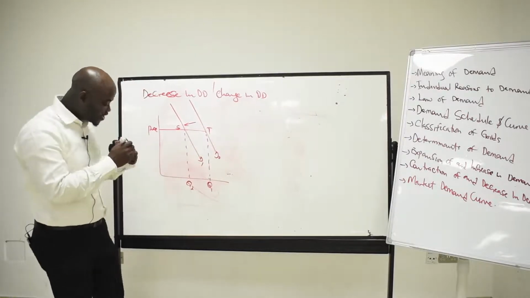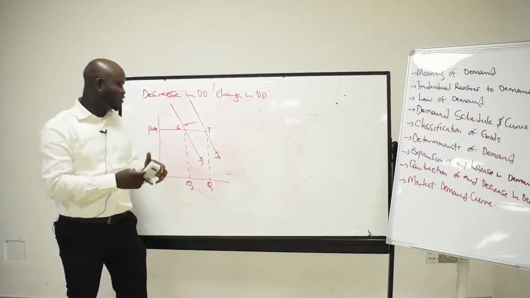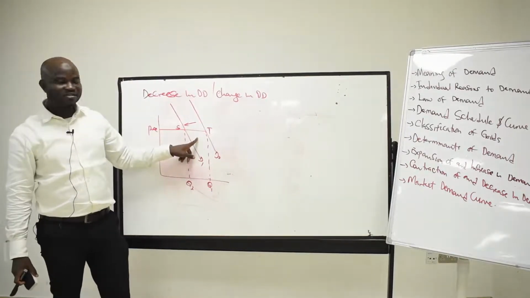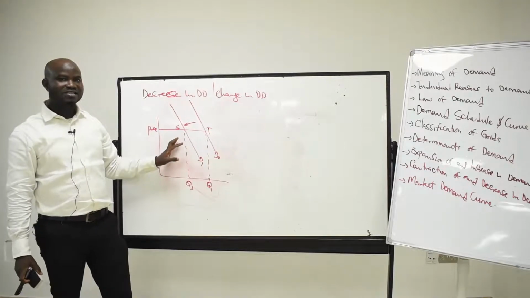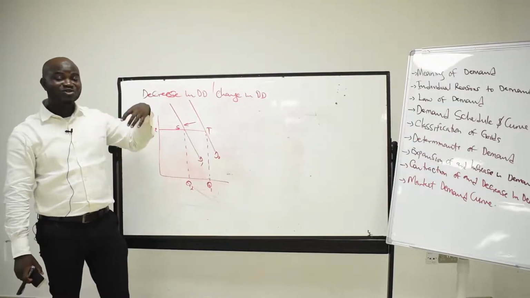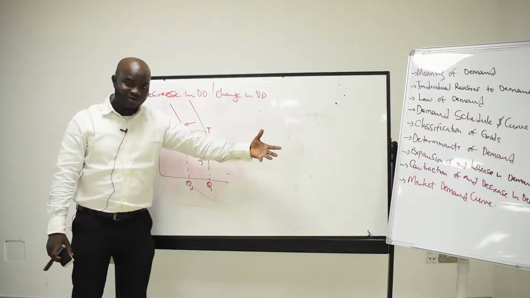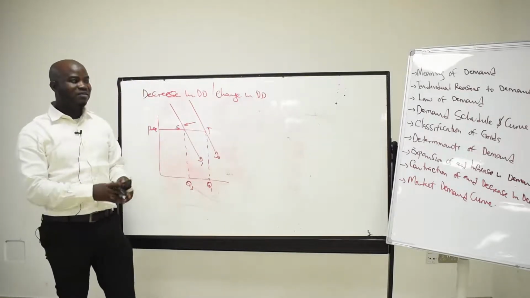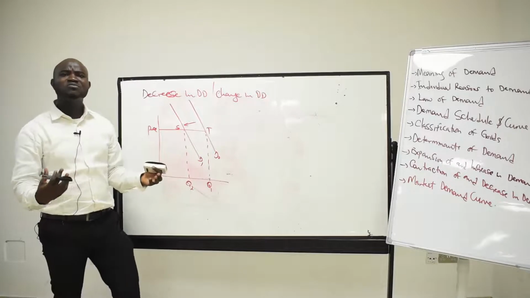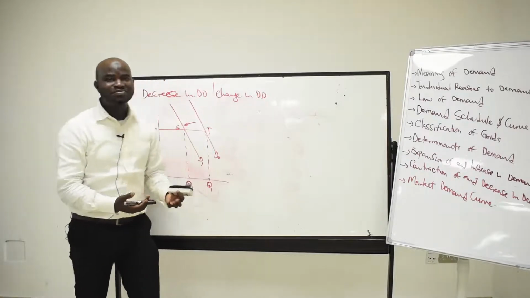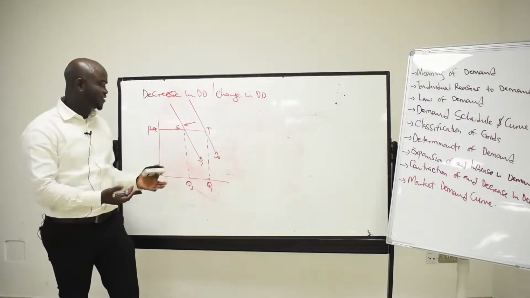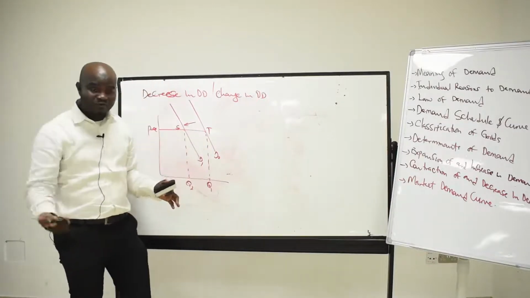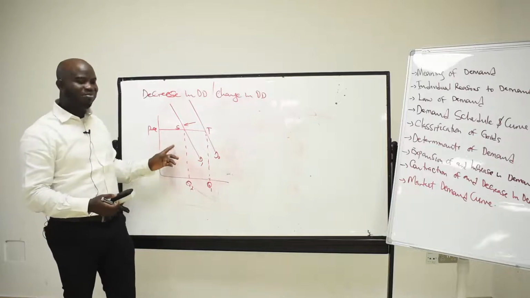We have an inward shift in the demand graph, which means all the subjective factors are not favorable to the consumer. So this occurs when, for example, the income of the consumer has dropped, the tastes, the preferences, the price of related goods or complementary goods, or the income of the consumer has decreased.